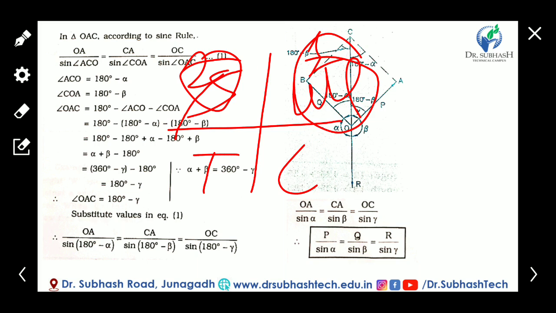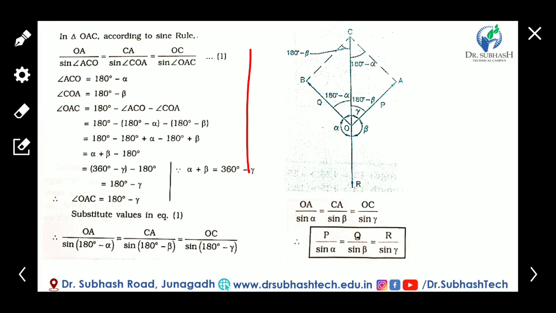So 180 minus angle lies in the second quadrant. 180 minus theta lies in the second quadrant, so sin is positive, so sin of 180 degrees minus alpha is sin alpha, positive. According to that, sin beta, sin gamma and sin alpha are positive, and OA, CA and OC.